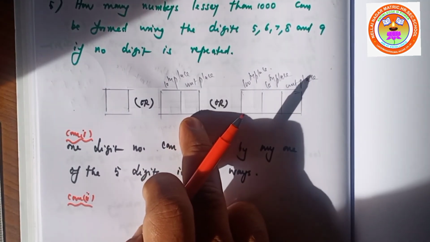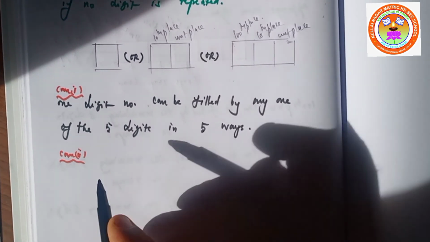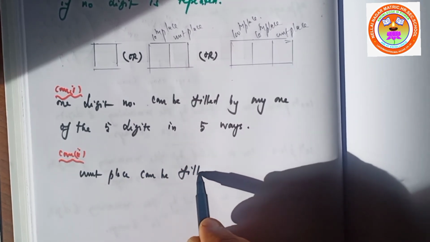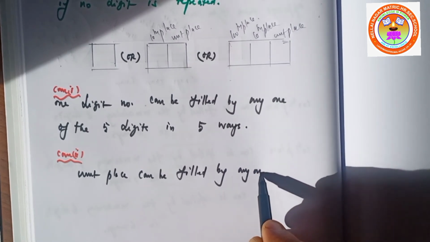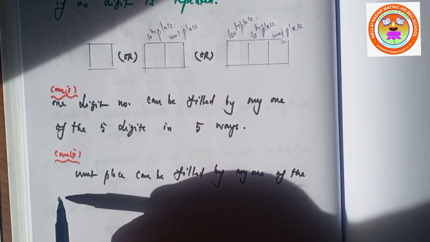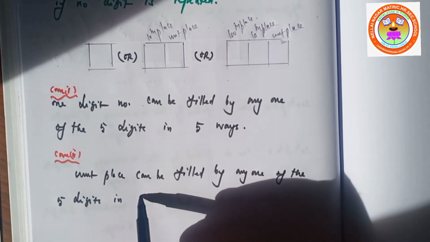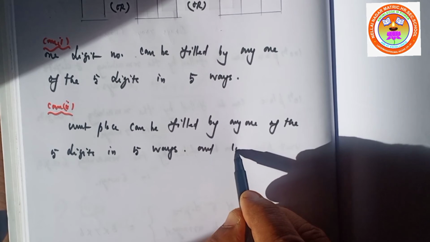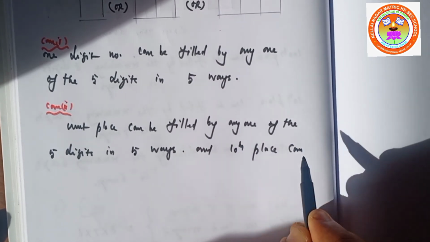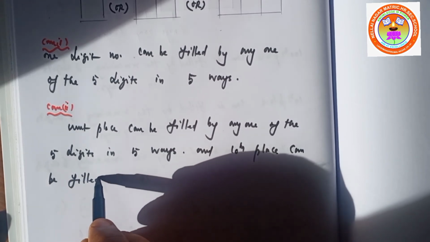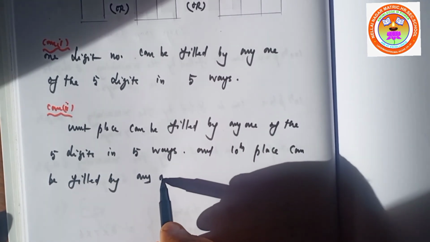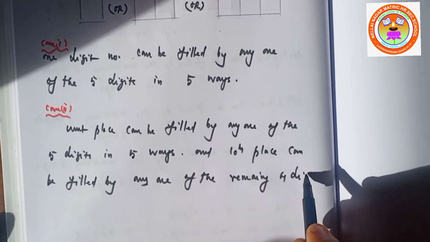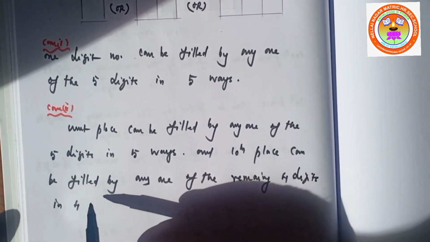In a 2-digit number, the unit place can be filled by any one of the 5 digits in 5 ways, and the 10th place can be filled by any one of the remaining 4 digits in 4 ways.